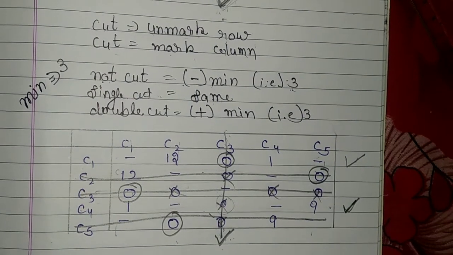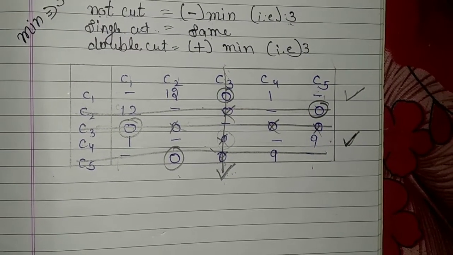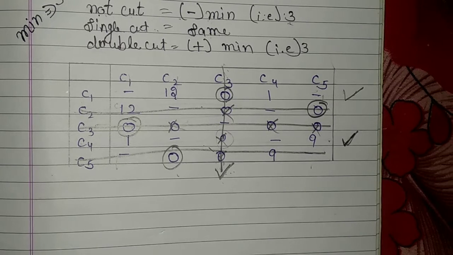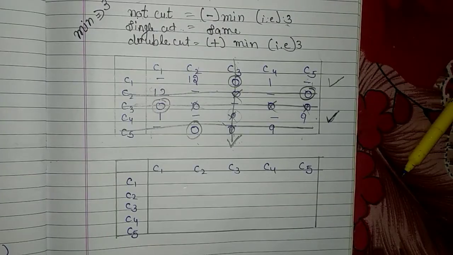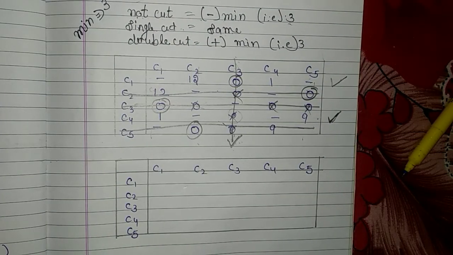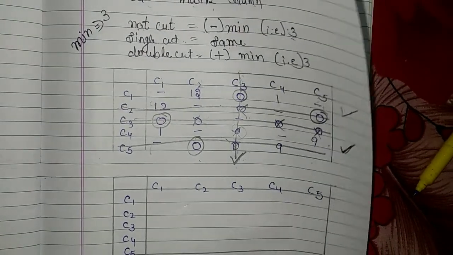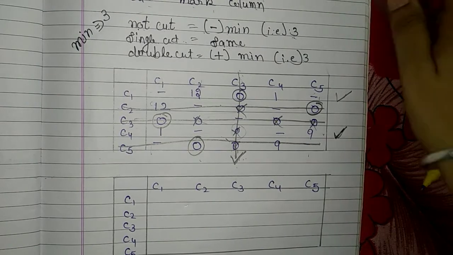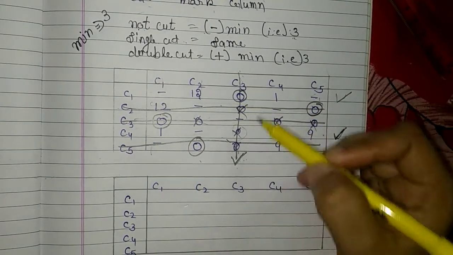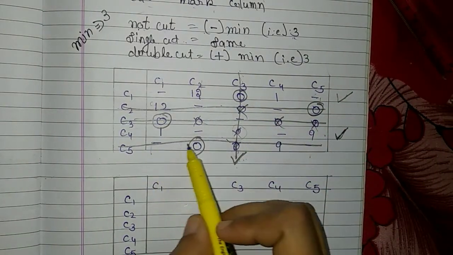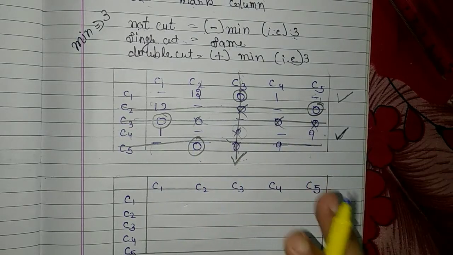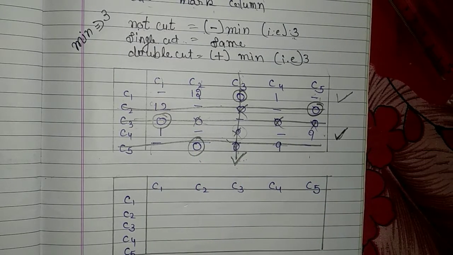Now we can construct or reorganize a new table. Now you can see that some numbers are single cut, some are double cut and some are not cut.